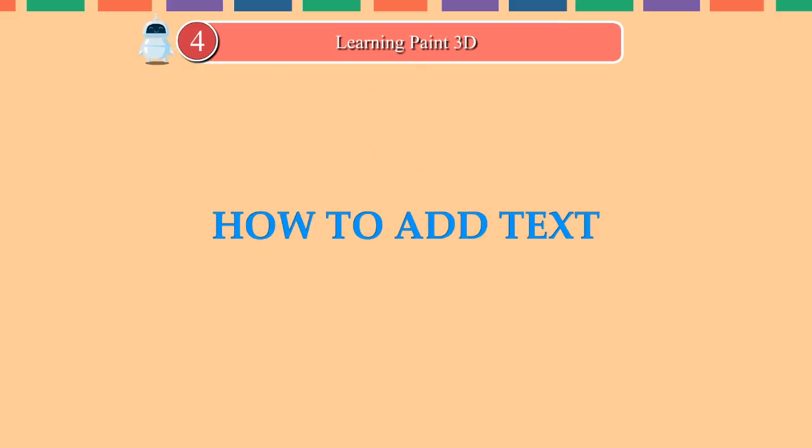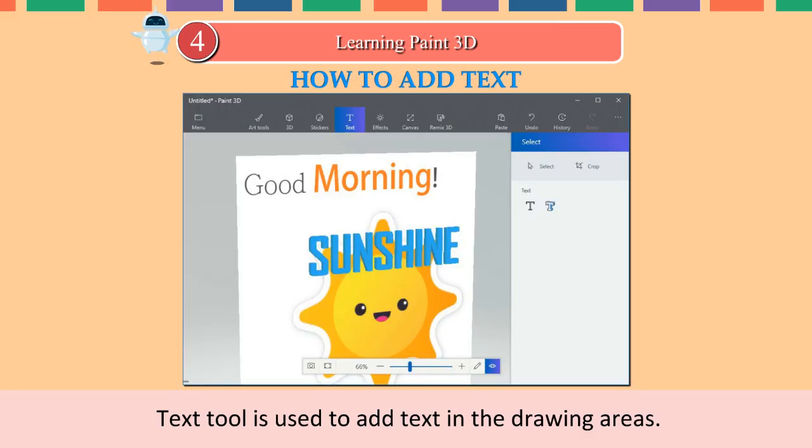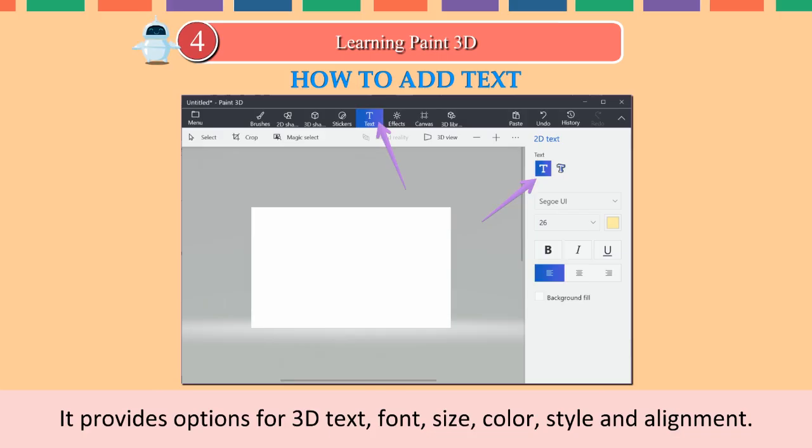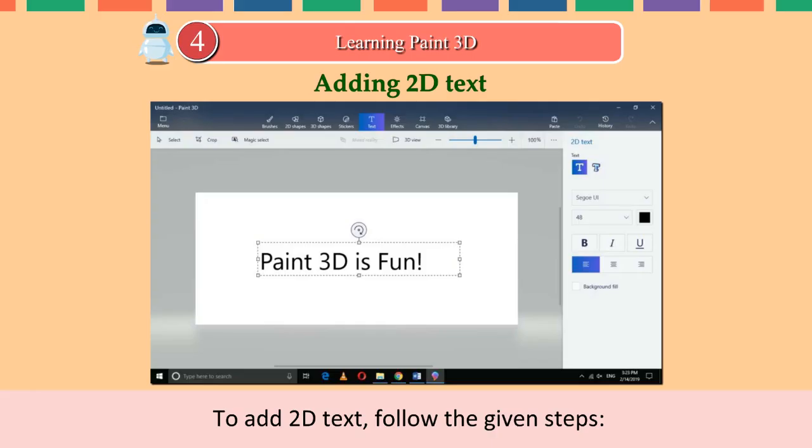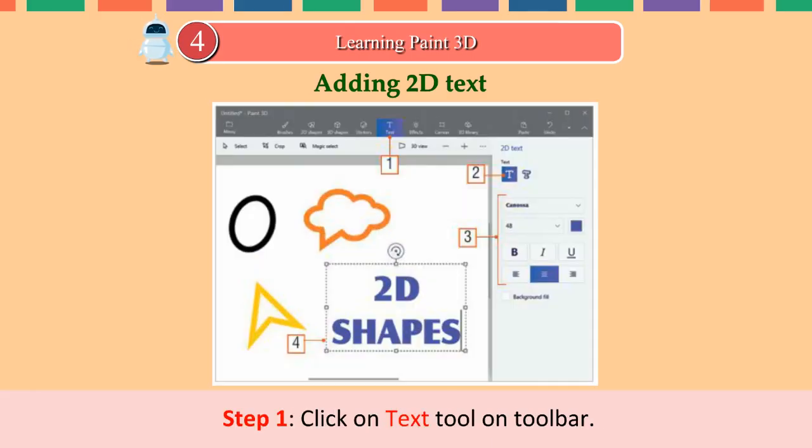How to add text? Text tool is used to add text in the drawing areas. It provides options for 3D text, font, size, color, style, and alignment. Adding 2D text. To add 2D text, follow the given steps. Step 1. Click on Text tool on toolbar.